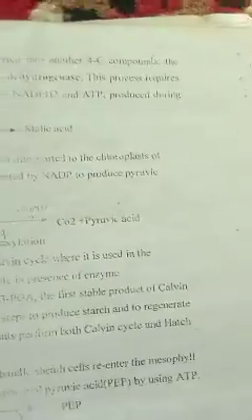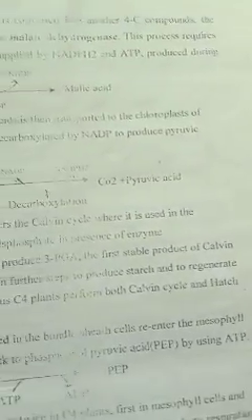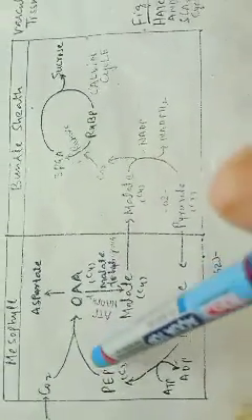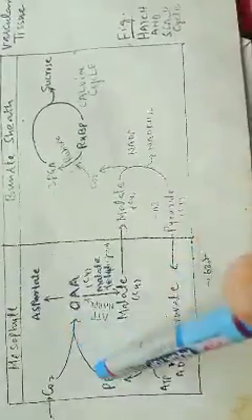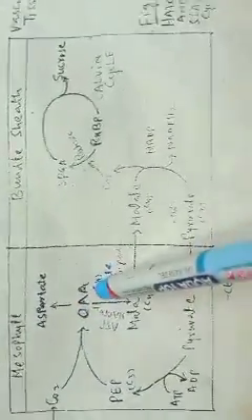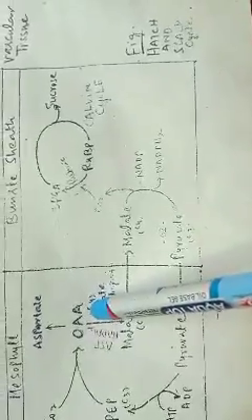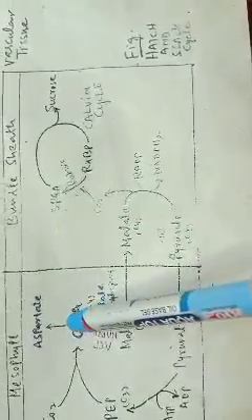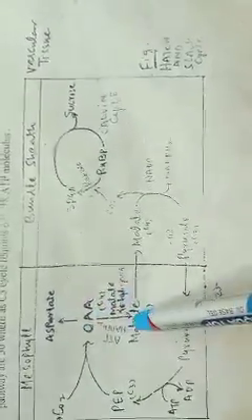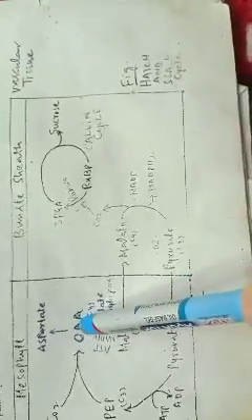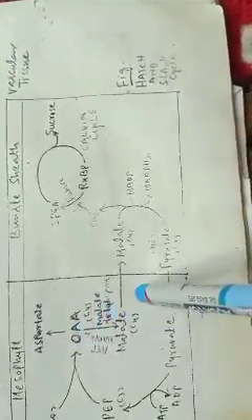The oxaloacetic acid is then converted into another 4-carbon compound, malic acid, or sometimes aspartic acid, in the presence of the enzyme malate dehydrogenase or aspartate dehydrogenase.